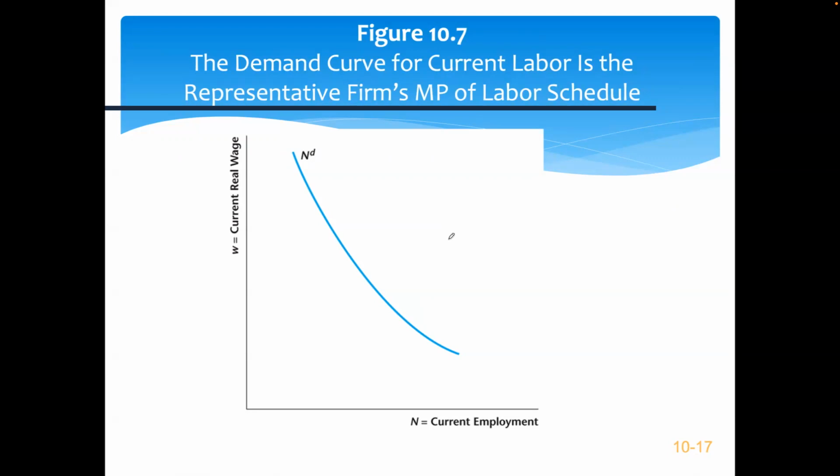But remember, there's diminishing marginal return to labor. This marginal productivity of labor is decreasing. Meaning the more labor you have, the lower the marginal productivity of labor. So that means if wage rises, in order to keep up with the wage, you must hire less.